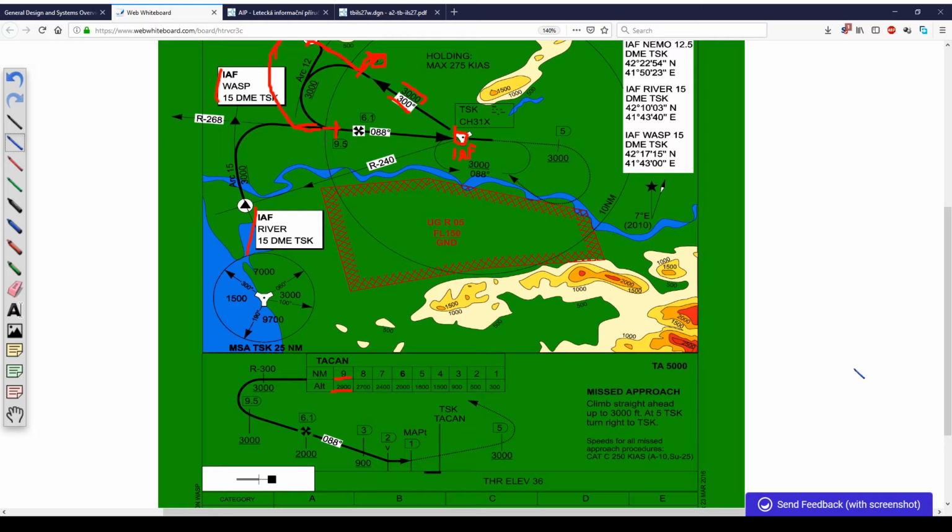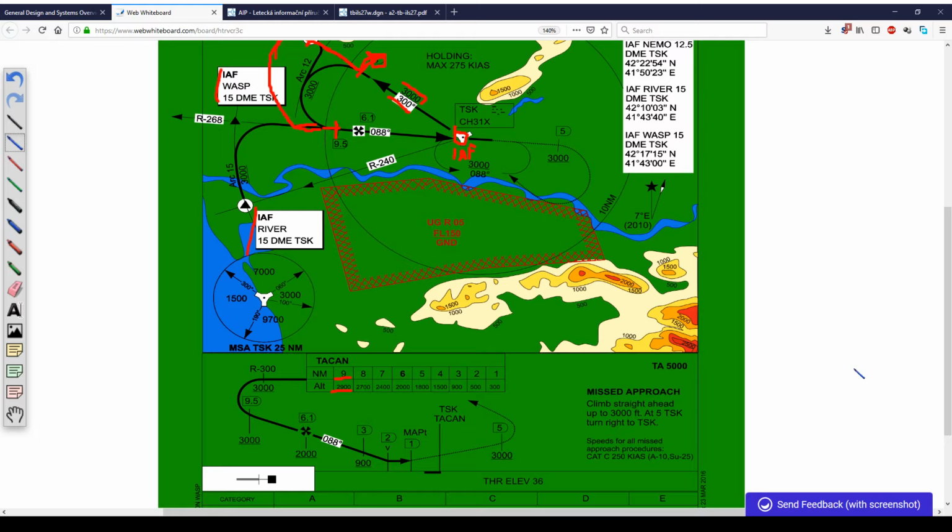Well, in this procedure, you can fly by steps because it is a non-precision approach. For example, if you have that 9.5 and you are at altitude 2,000 feet, you should stop descent and fly at 2,000 feet until 6 miles.